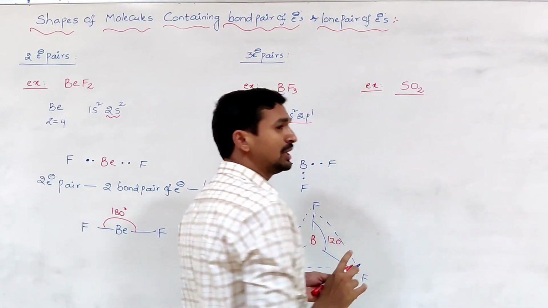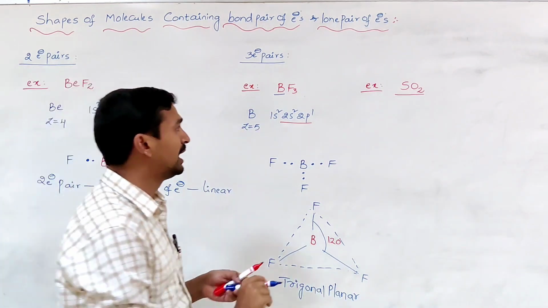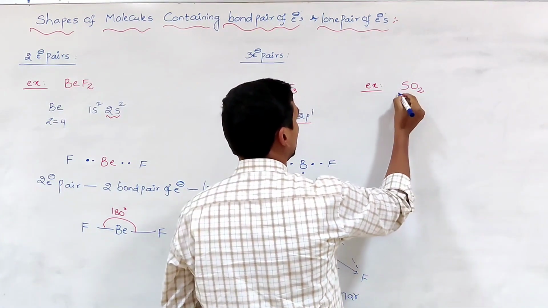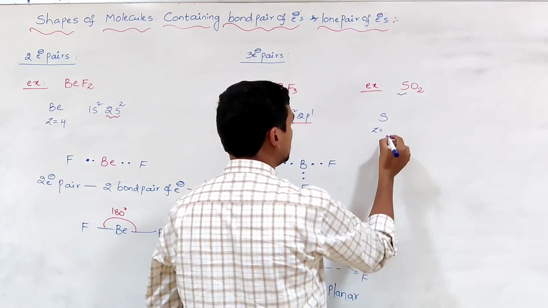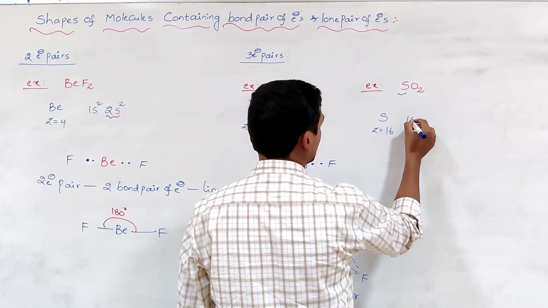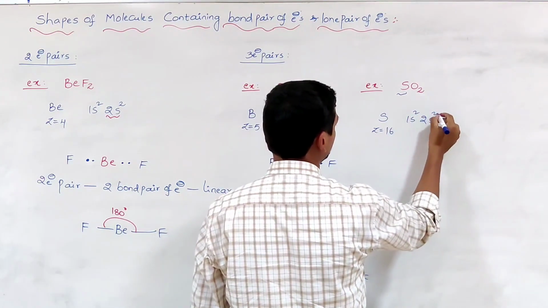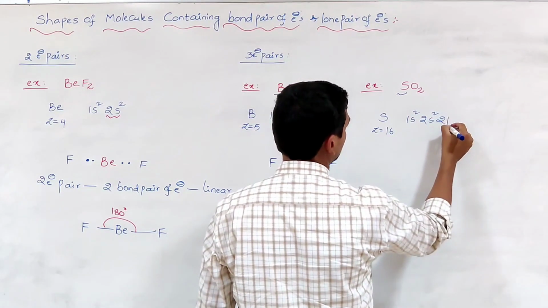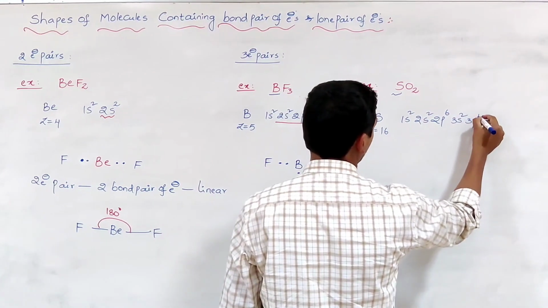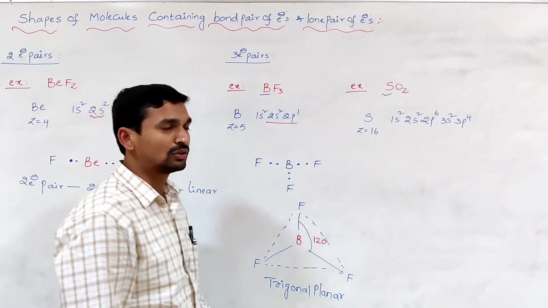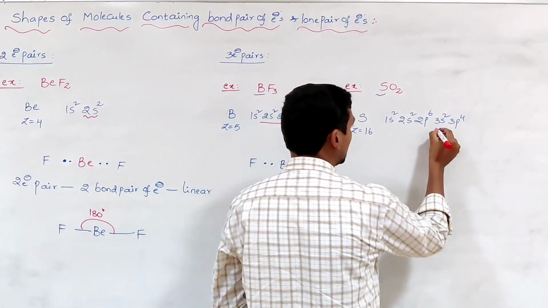In the SO2 molecule, sulfur is the central atom. Sulfur, you know very well, has Z equal to 16. The electronic configuration is 1s2, 2s2, 2p6, 3s2, 3p4, so totally 6 valency electrons are present.